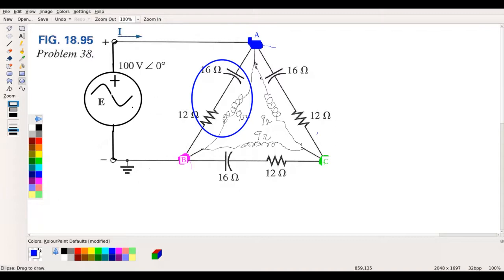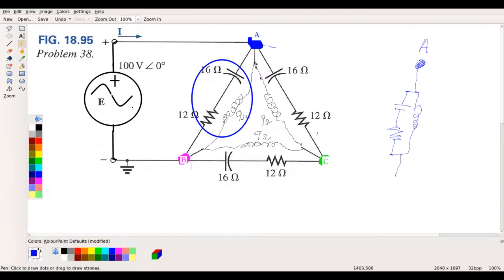So if we come back to, say, point A, we're coming down here, and we have the circuit where there's a capacitor and a resistor in parallel with an inductor.